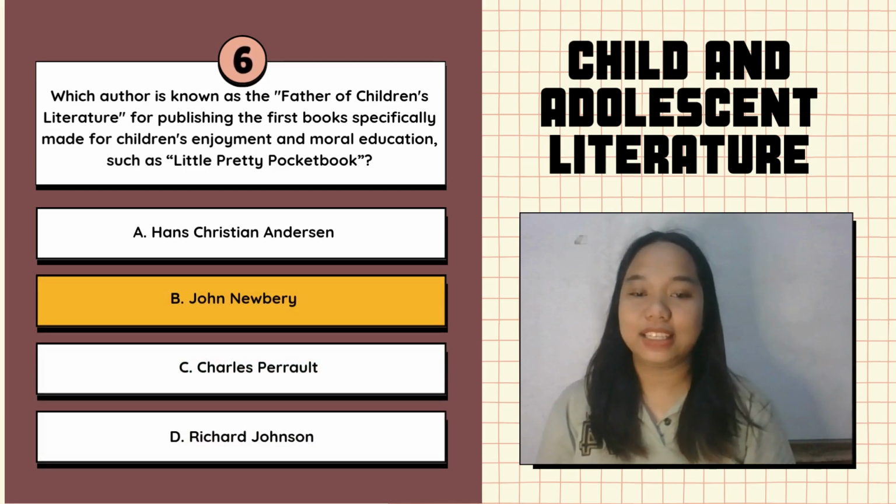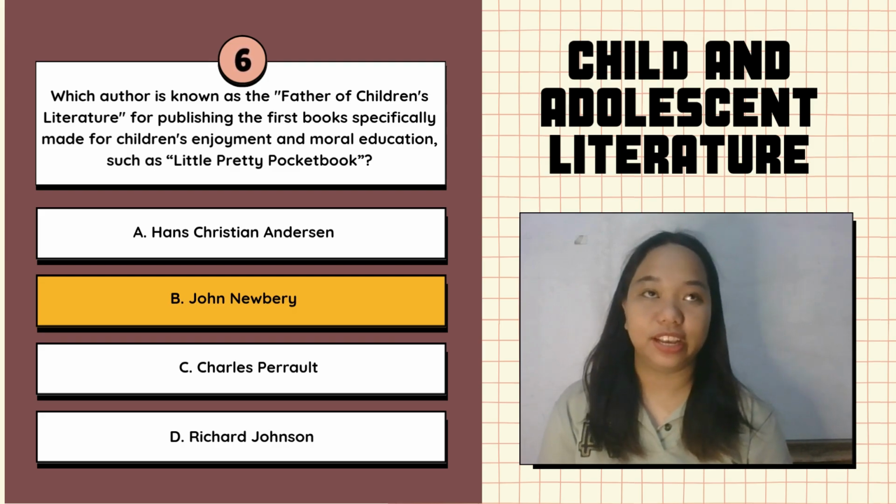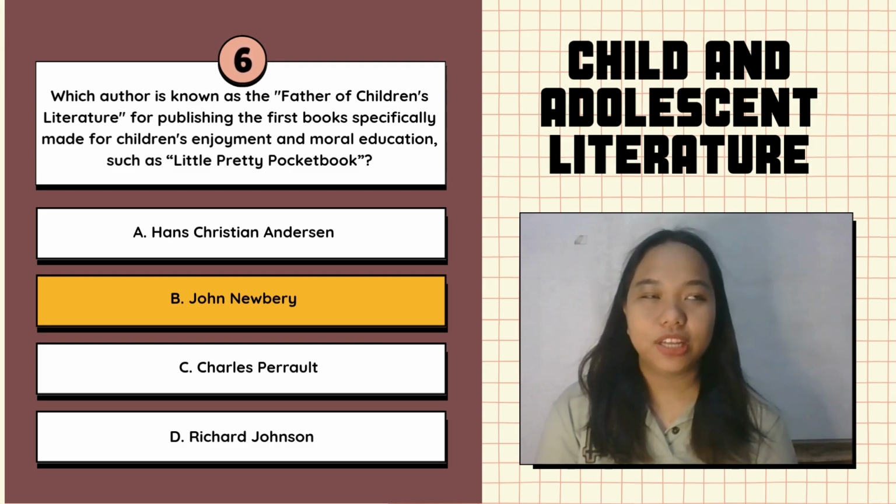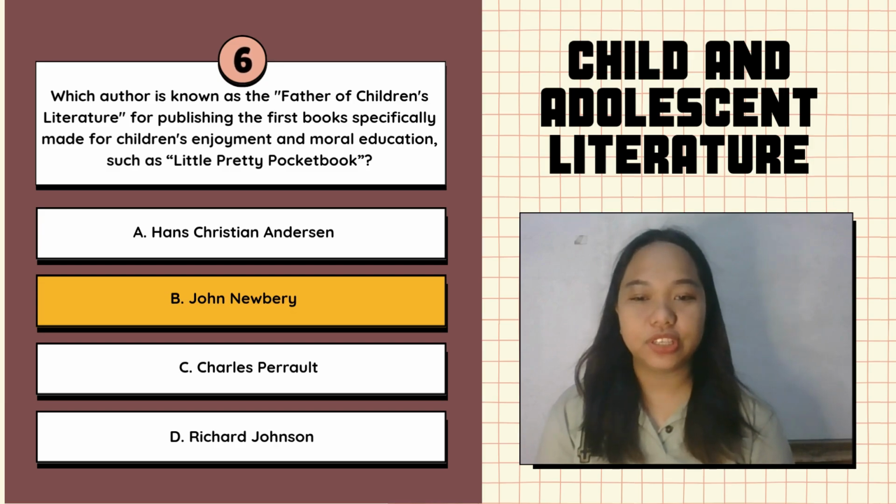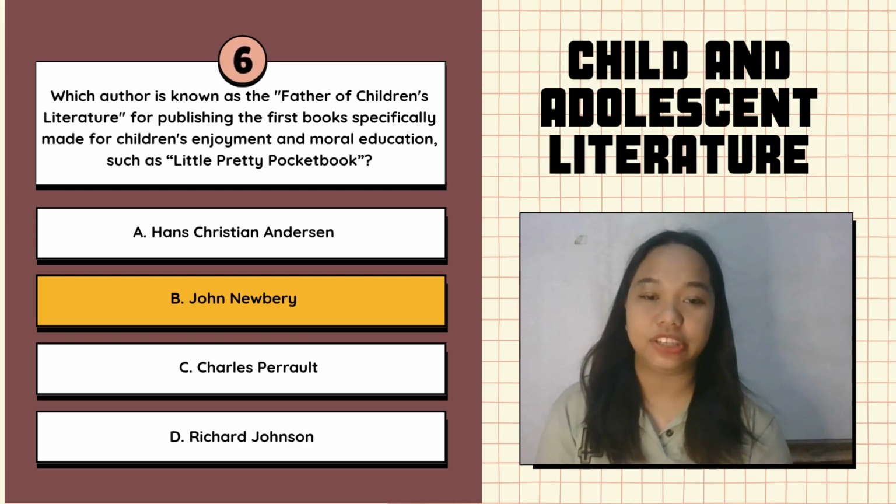The correct answer is letter B, John Newbery. John Newbery is an English publisher in the 18th century and is often considered the father of children's literature because he was among the first to publish books that were made specifically for children's entertainment and education.